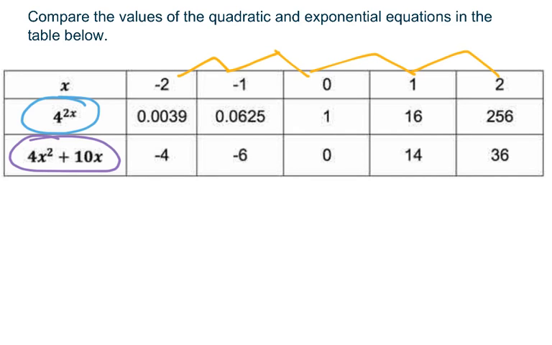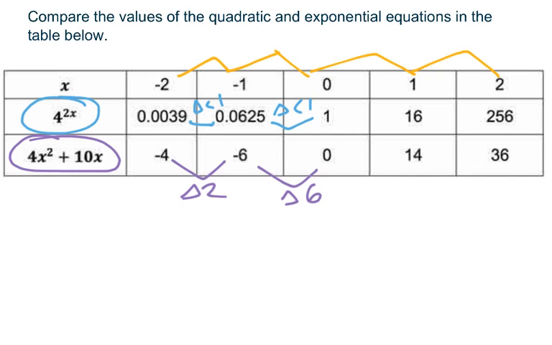So between -2 and -1, our exponential changes by less than 1, and then again from -1 to 0, our exponential changes by less than 1. While, on the other hand, our quadratic equation changes by 2 units, and then between -1 and 0 changes by 6 units.